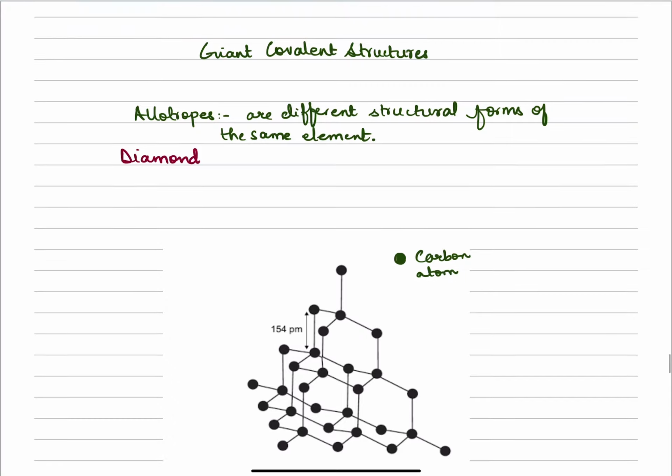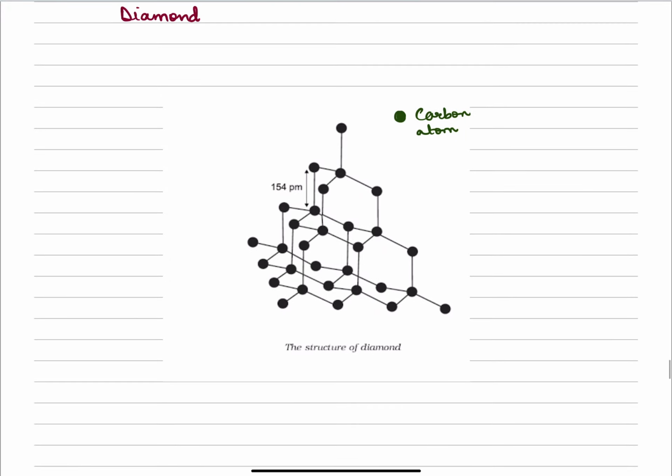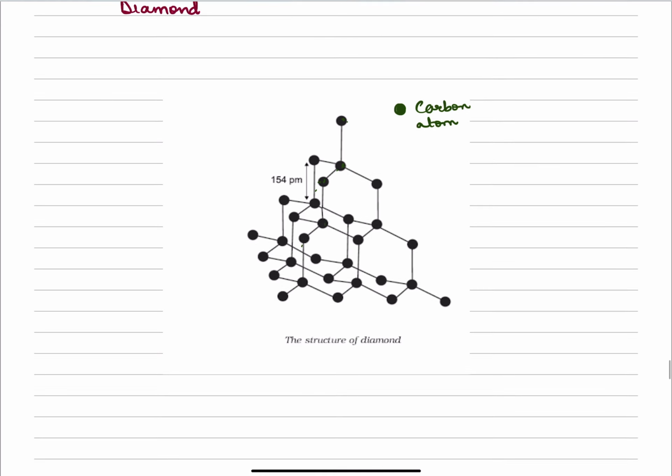Diamond is a giant covalent structure. Why are we saying it's a giant covalent structure? We can also call this a lattice. Diamond has a giant covalent lattice, because a lattice in this case is a regular arrangement of carbon atoms. This is a giant structure because it is a continuous pattern of atoms covalently bonded with each other.